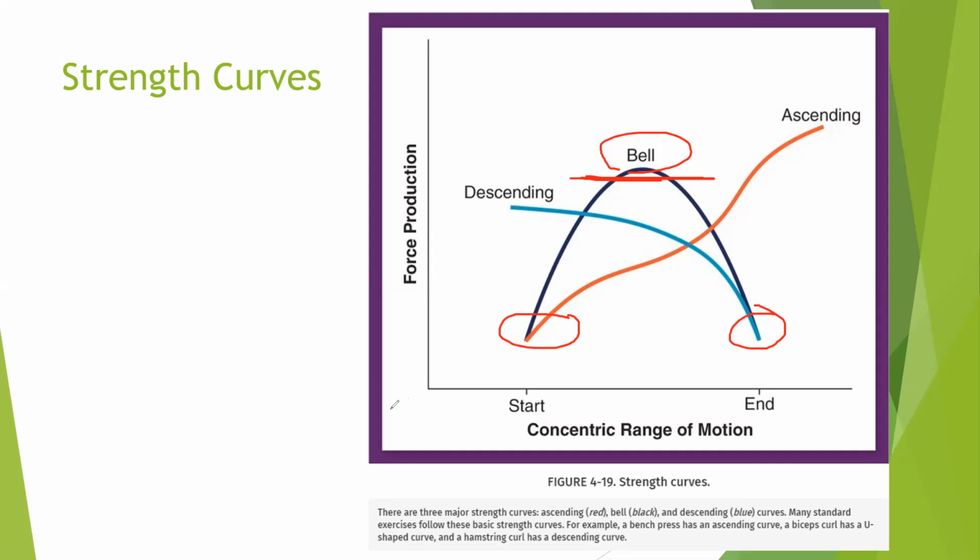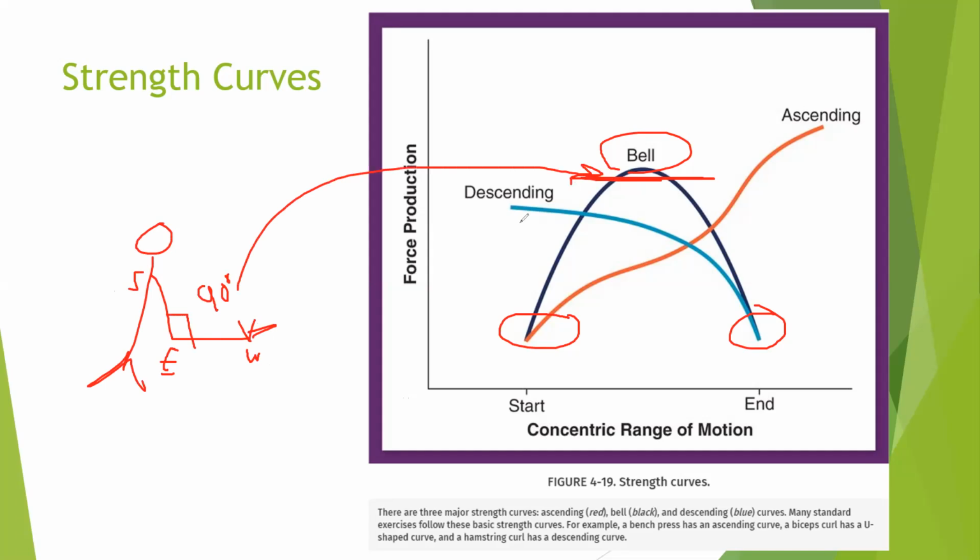When you're at about a 90-degree curve or flexion with your biceps, so let's say this is your arm, and here's your hand, and this is your elbow here, and that's your shoulder and your wrist. When this is about 90 degrees, that's where you're at nearly your maximum amount.